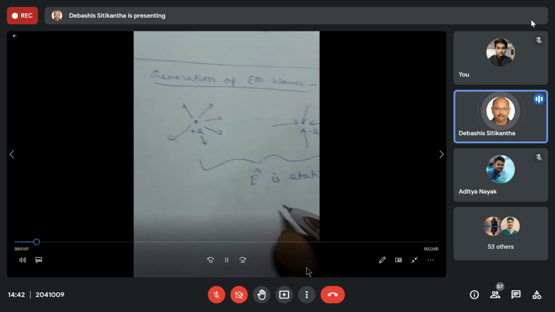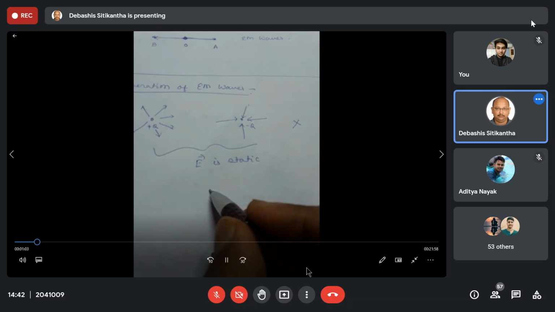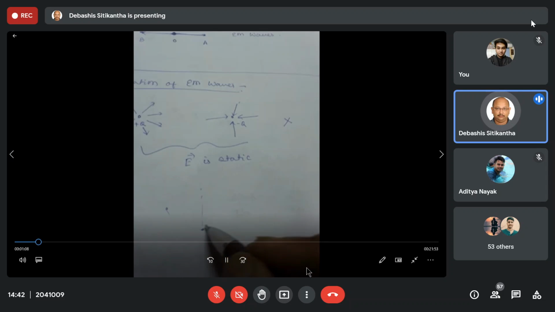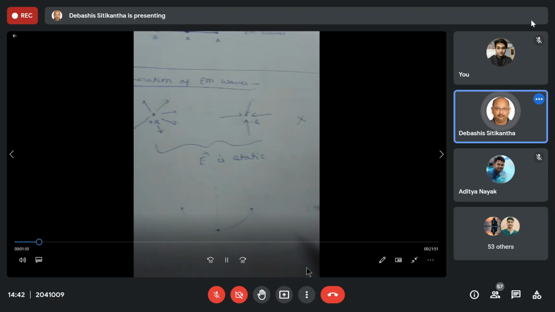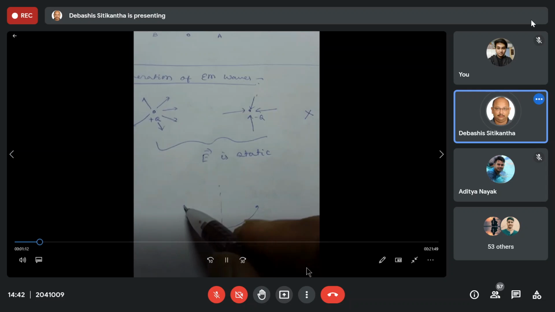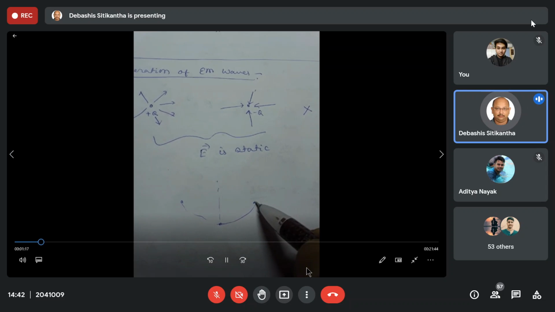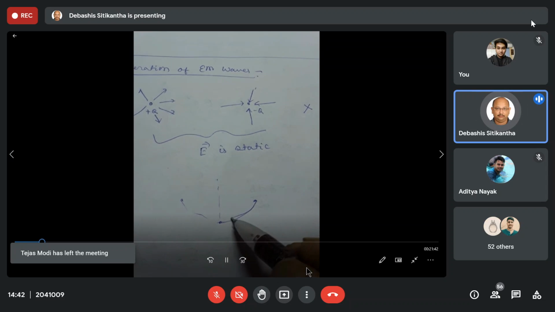But let us say this charge is making a simple harmonic motion like this, along this curvature. Now let us say I will put this charge over here, and let us say the charge moves in this manner.